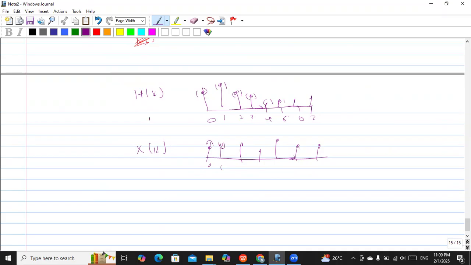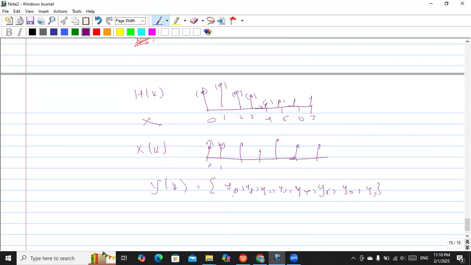Then what you need to do is multiply these together. That means this one will be multiplied by this one: the first frequency sample will be multiplied by the first frequency sample, and so on. You will again have 8 frequency samples Yk: Y0, Y1, Y2, Y3, Y4, Y5, Y6, Y7.